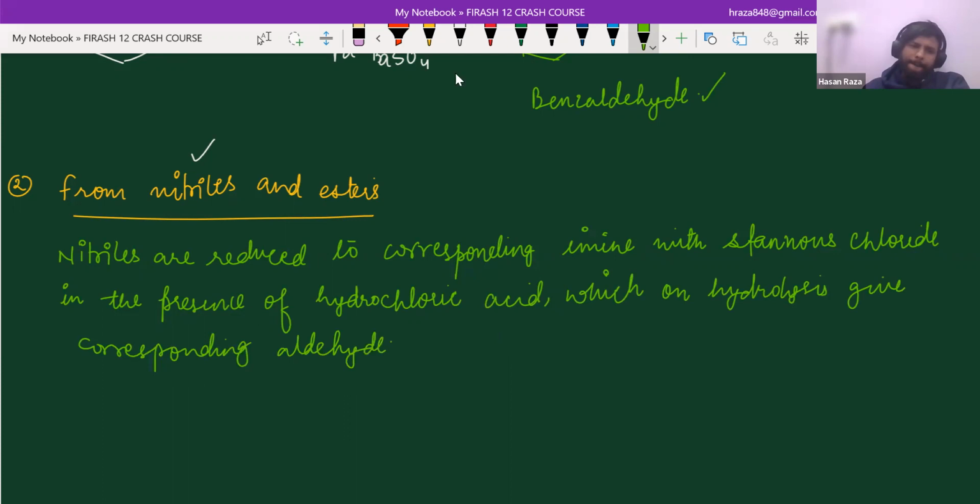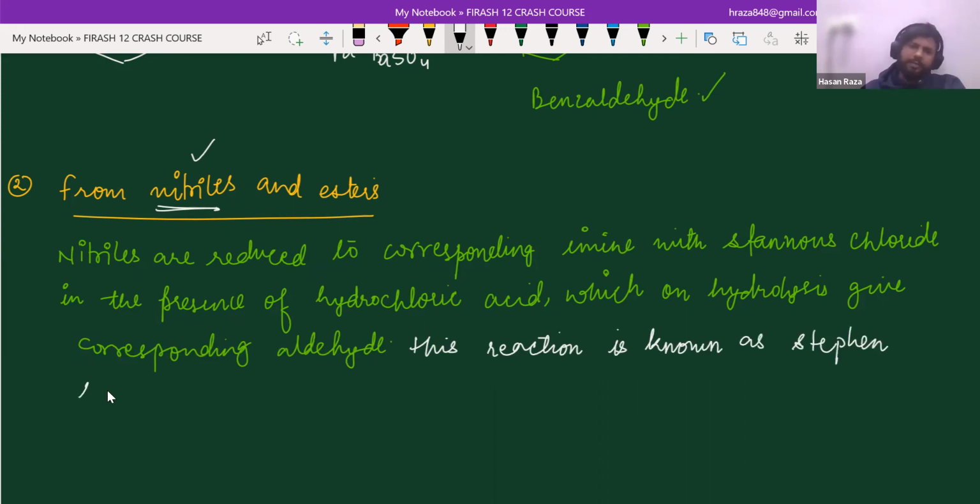So it's very easy. As you can see, I'm going to write it. So from nitriles and ester. First of all, we are going to do it from nitriles, and this reaction is known as, this is very important to write, a Stephen reaction. So please do write up to this, then I will explain the reaction.